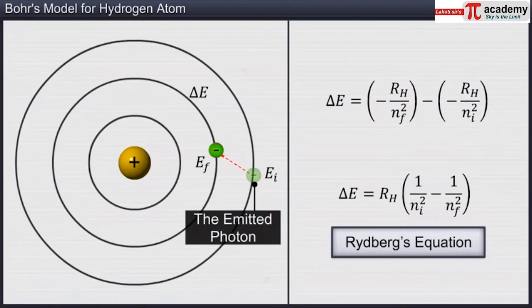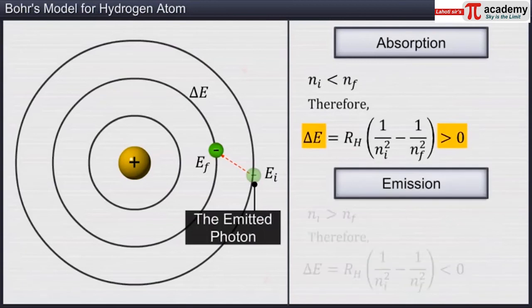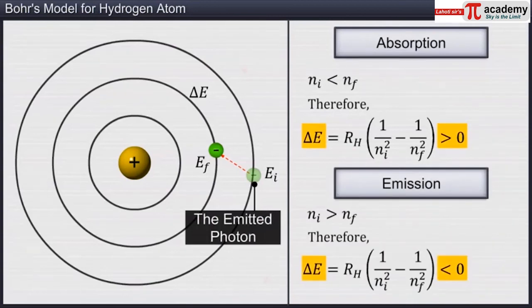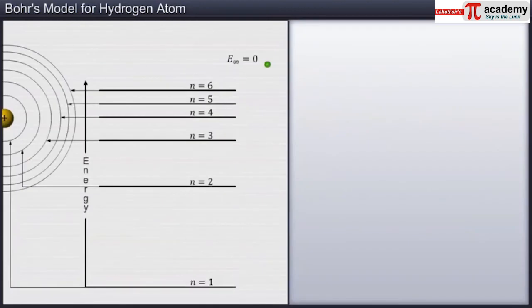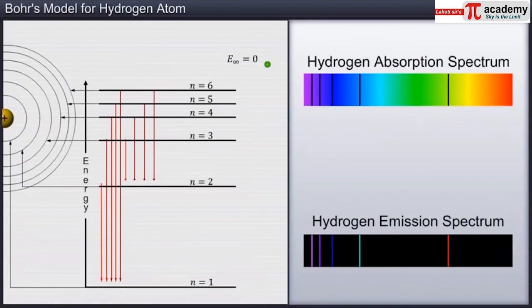Note that in case of absorption of energy, delta E is positive, and in case of emission, delta E is negative. Thus, each spectral line in absorption or emission spectrum can be associated to transition of states by the electron of a particular hydrogen atom.